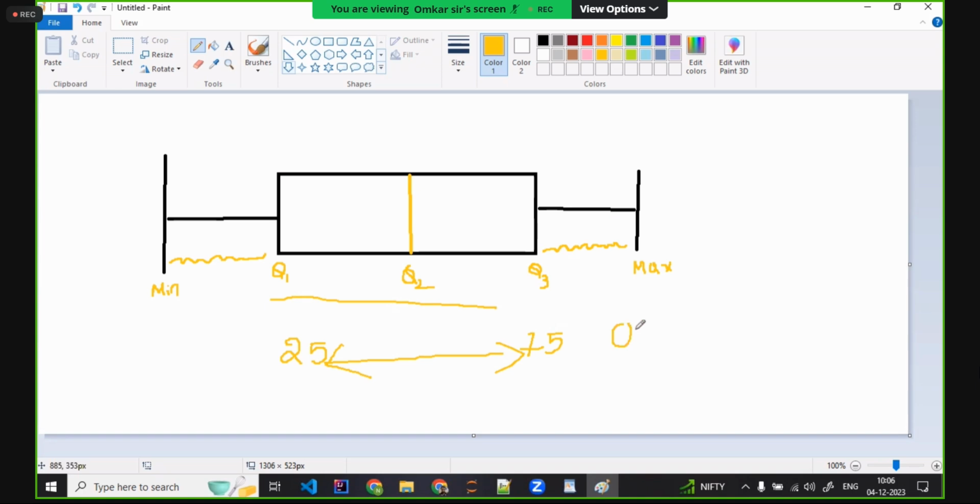So this is where it exists: Q3 minus Q1, Q3 value minus Q1 value. It is called the IQR, the inter quartile range, covering the middle class families.